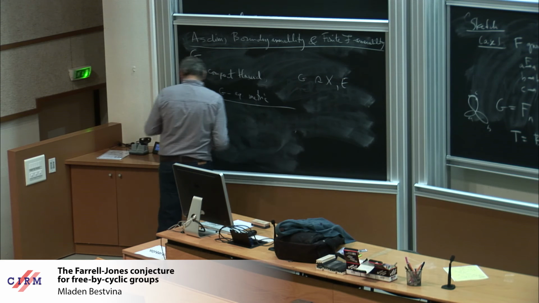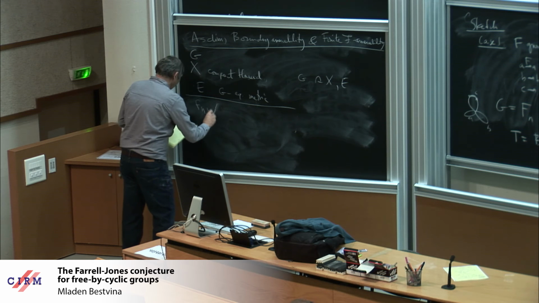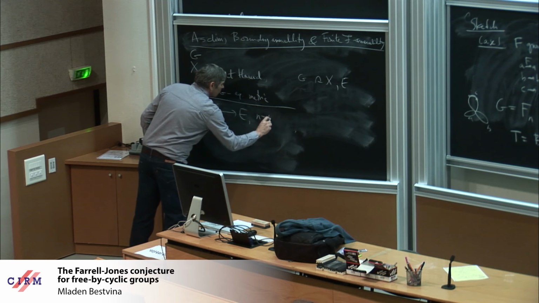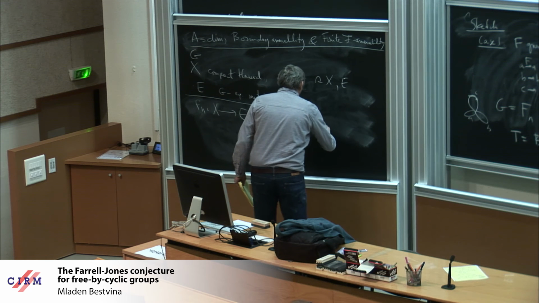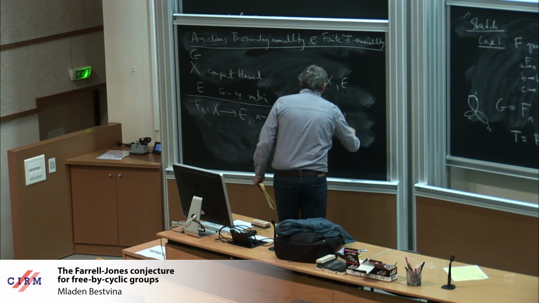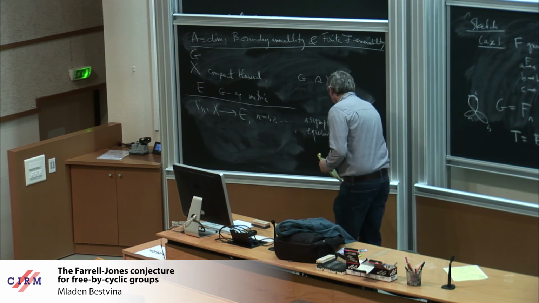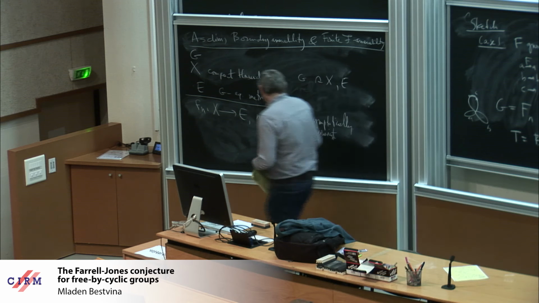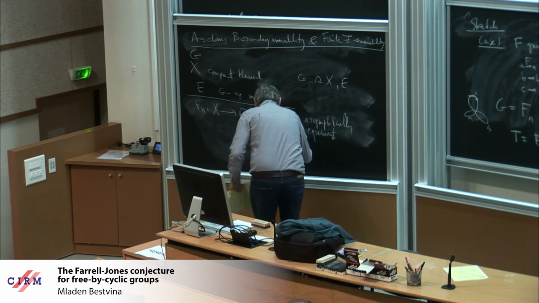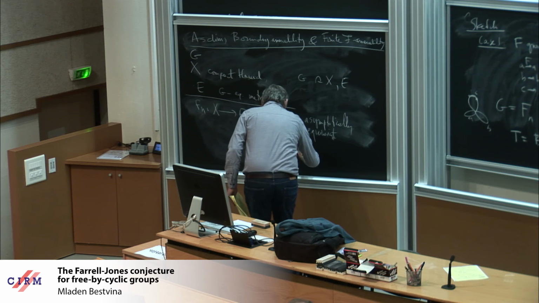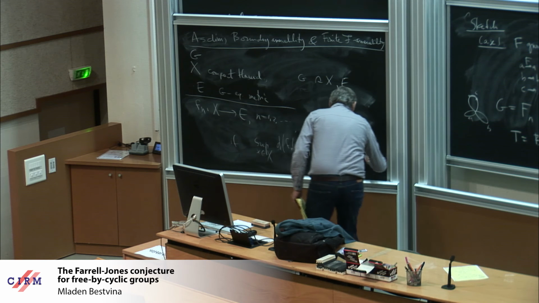Okay, and then we say that a sequence of continuous functions from X to E, so this is a sequence F_1, F_2, and so on, we'll say that this is asymptotically equivariant if the sup over x in X of the distance between F_n(gx) and g F_n(x) goes to 0 as n goes to infinity.